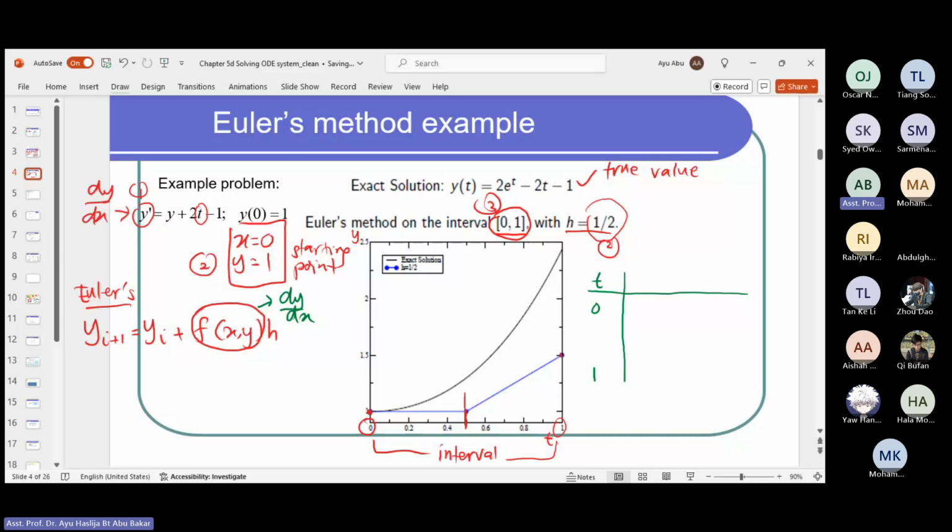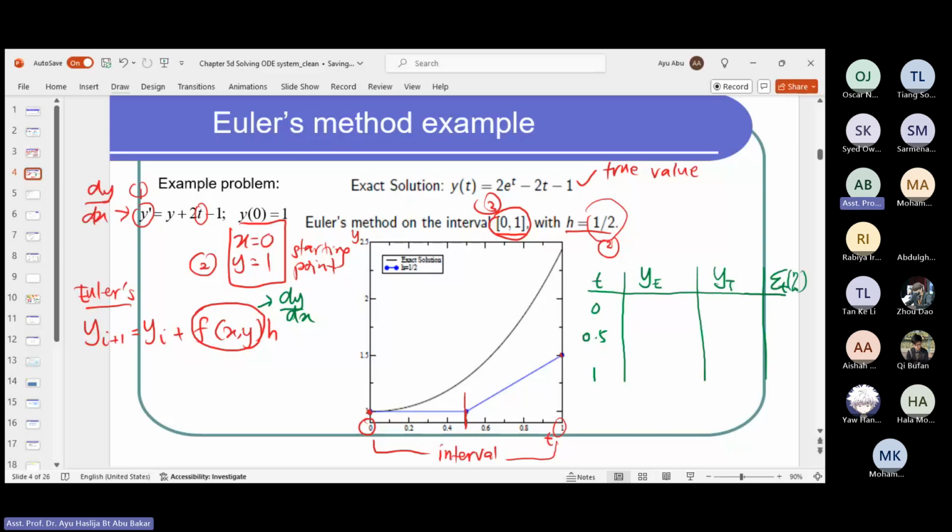So 0, 0.5, 1. Then this is your y Euler, and this is y true, the true value. If the question asks you to find the error, then you add one more column for the error, E_t.